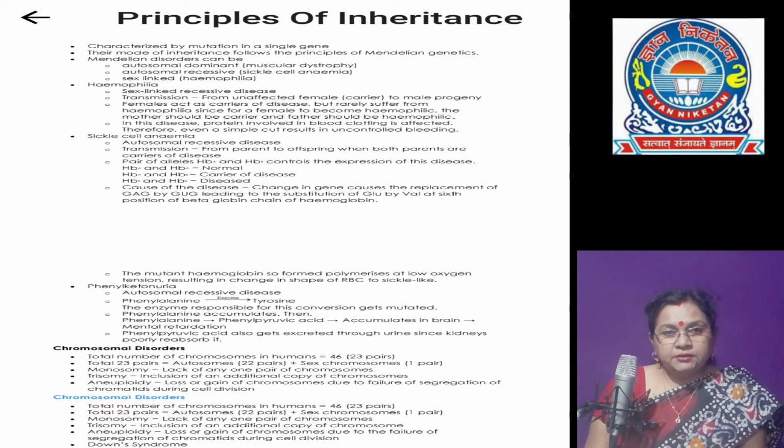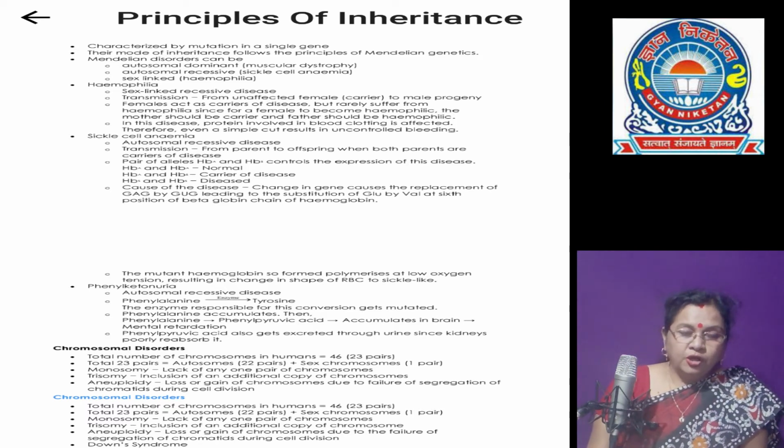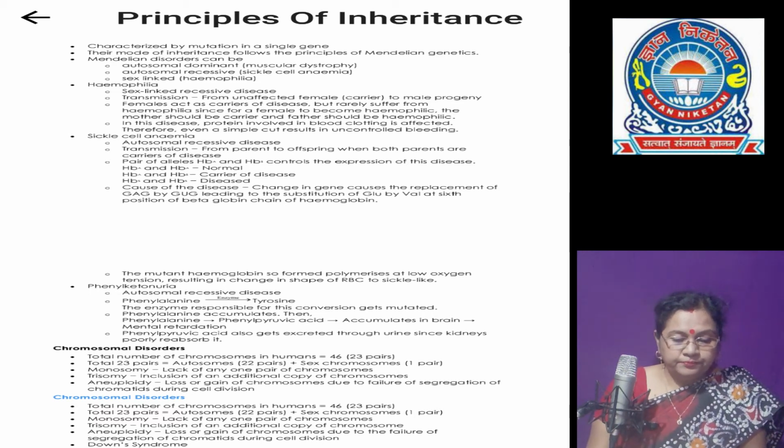Next disease is thalassemia. It is also an autosomal linked recessive disease, and this is also caused due to the mutation or deletion of the chromosome.